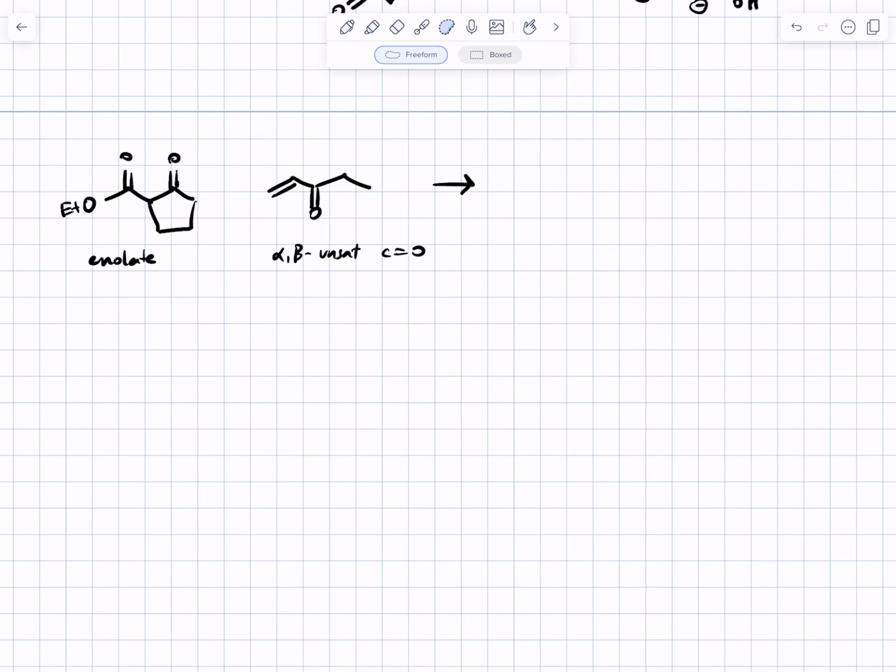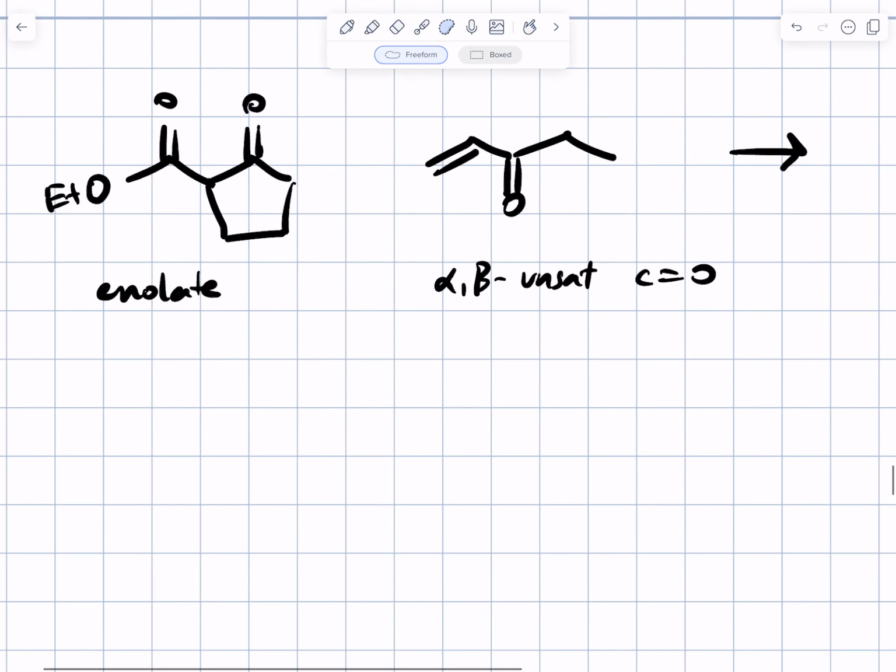So without doing the mechanism, your text says we're using EtO minus as base, and that means we're going to remove this proton to form the enolate. So this is our nucleophile.